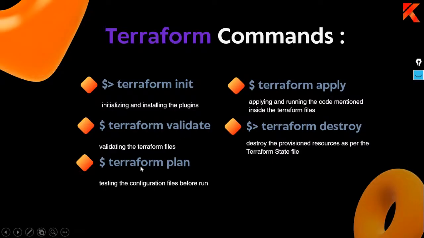Then we will check whether the configuration we have declared in that script gives exactly what we planned. That is to generate a blueprint of the infrastructure that we are going to provision. So Terraform plan. Once we are happy with this plan, then we go to Terraform apply.